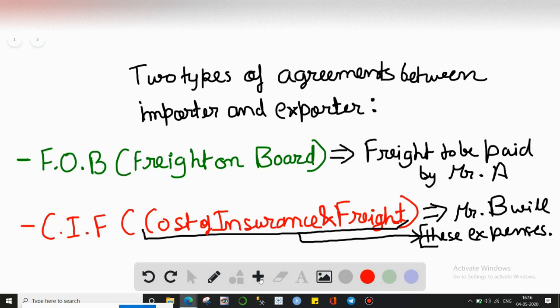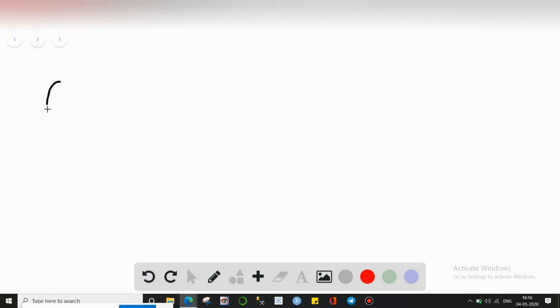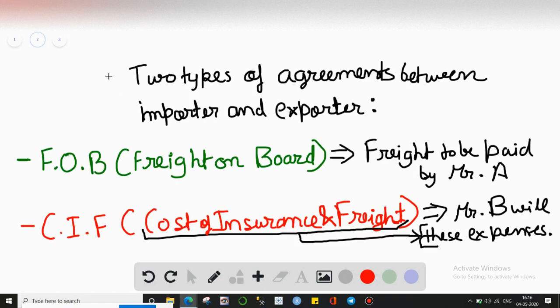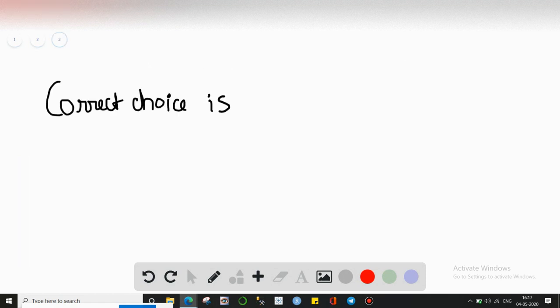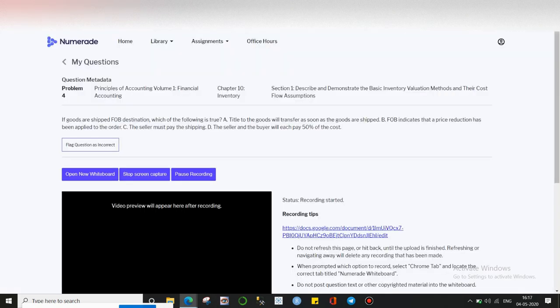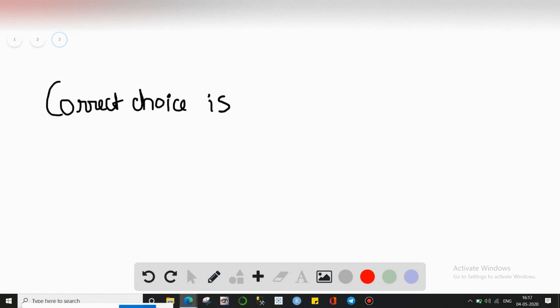What the question has asked us is which of the following statements is true. So out of the available options, the first option is the correct option, which says that in case of freight on board contract also, the responsibility of goods passes on to buyer as the goods are shipped.